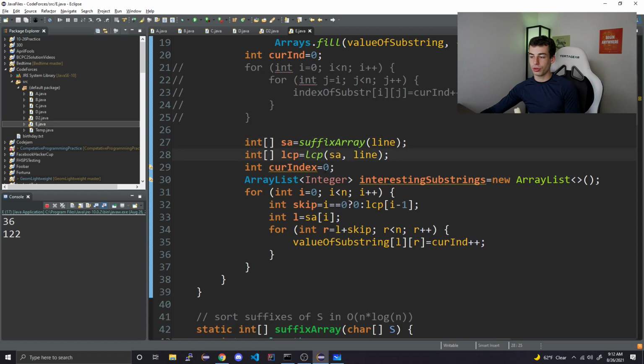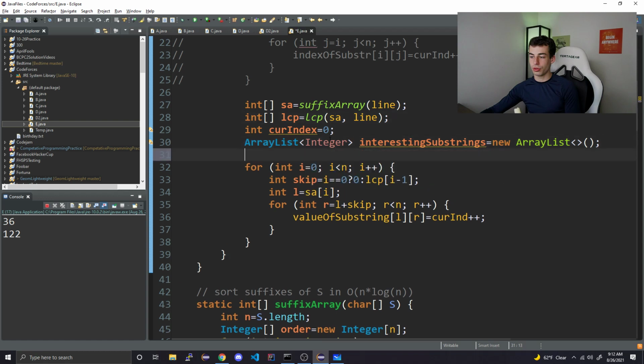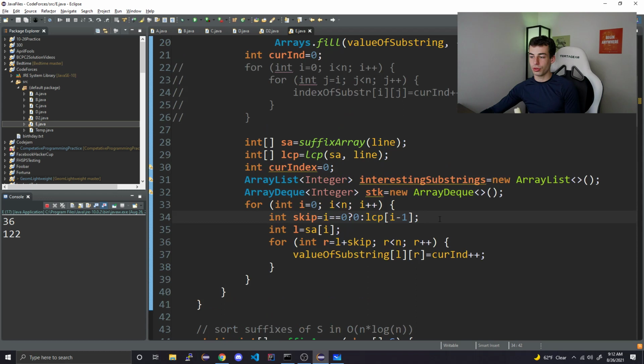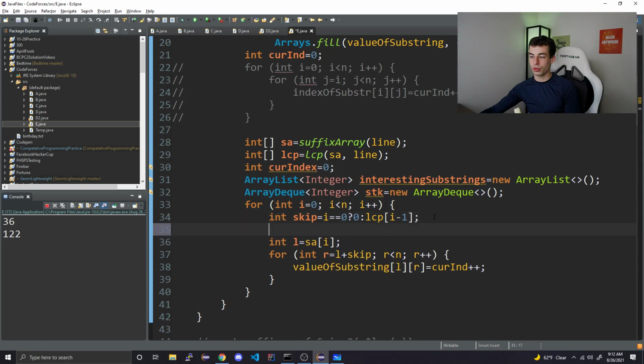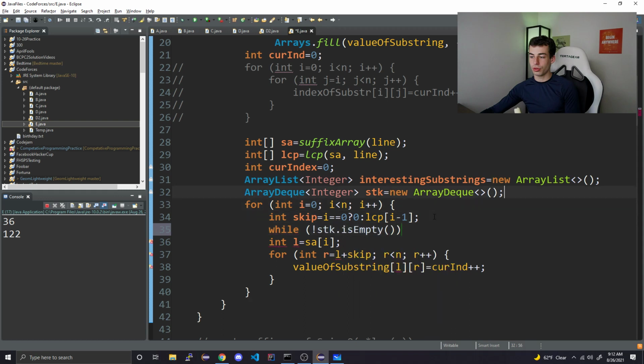So we have the suffix array and the LCP. While not stk.is empty, this needs to be an int array.